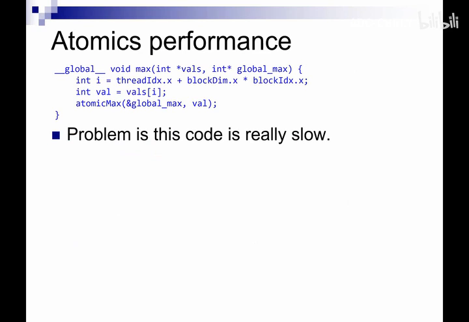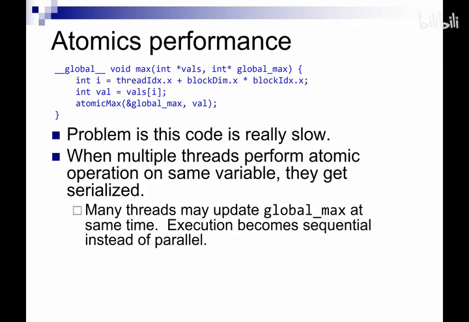Now, the problem with this code is that it's going to work very slow. The reason is that all of the threads are sharing this one global memory variable, and they're all doing atomic operations on the single variable. If multiple threads do atomic operations on the same variable, all these threads are going to get serialized.